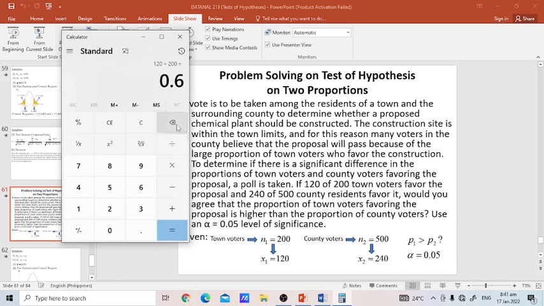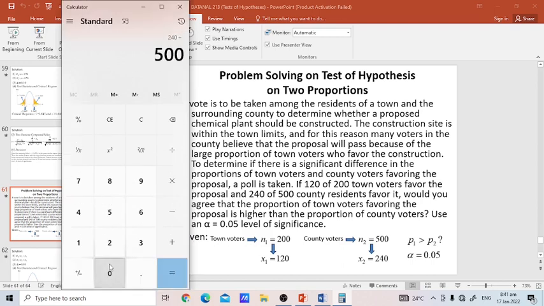O, para sa county voters, 240 over 500, 48%. So, lumalabas, dun sa sample natin, mas maraming in favor. Mas maraming town voters na in favor sa proposal. 60% to, 48% to.